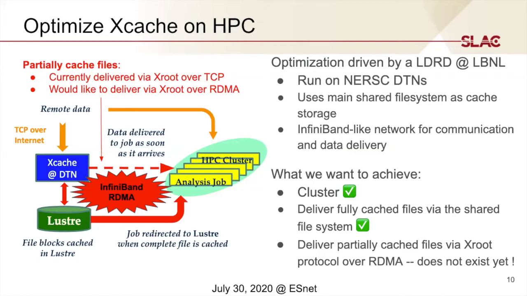This is currently a way for us to utilize the fast link in the HPC environment. What we still want is to be able to run the Xroot protocol over RDMA, which we haven't implemented yet.